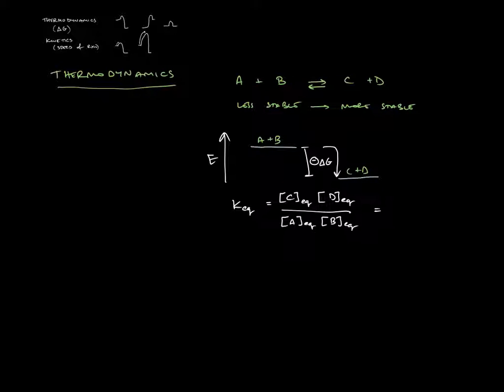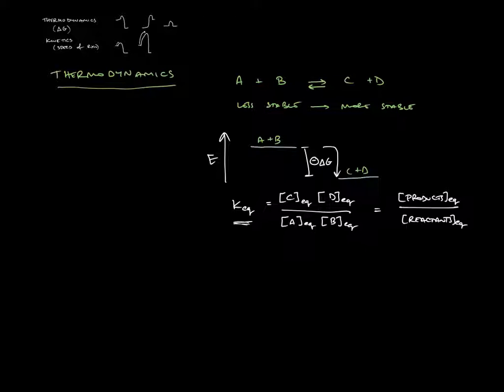So what this is saying, in broad strokes, is that it's the concentration of the products at equilibrium divided by the concentration of the reactants at equilibrium. So hopefully most of this rings a bell. But what this is telling us is that we have a mathematical number that we will get for every reaction.